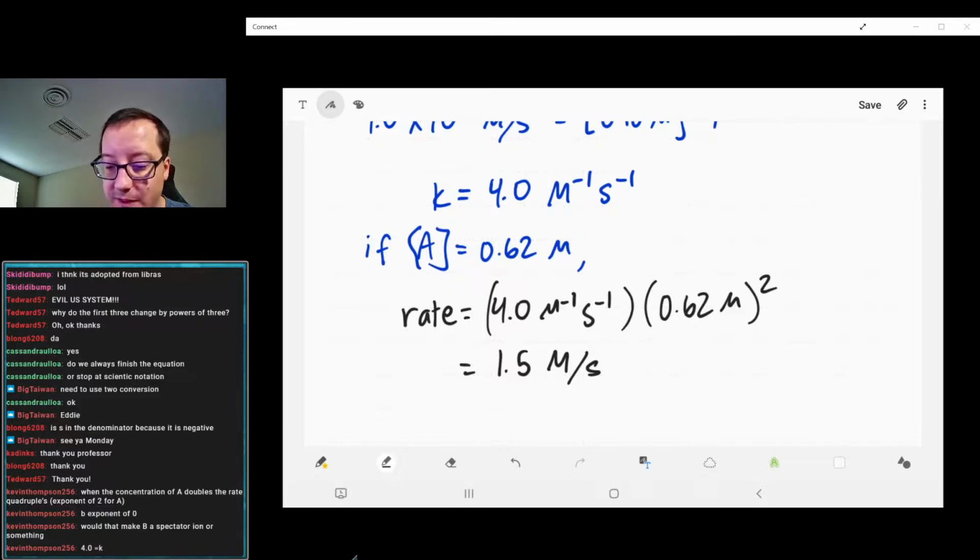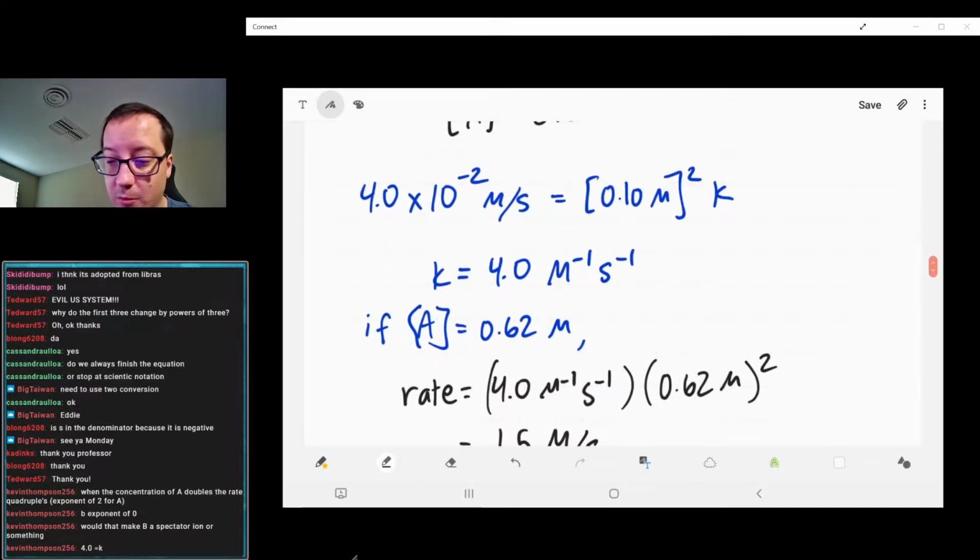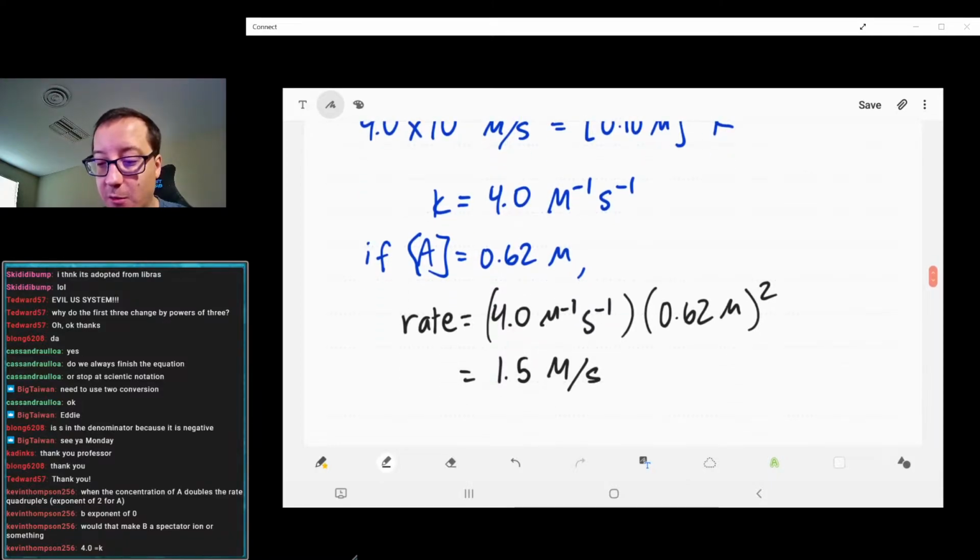And let's just see if this answer makes sense. We've seen that this particular reaction's rate depends on the concentration of A quite a bit. So if we increase the concentration of A, we're expecting a large increase in the rate of the reaction. Our original rate at 0.1 molar was 4 times 10 to the negative 2. And now that we've jumped up our concentration, we ended up with a rate that also went up quite a bit.